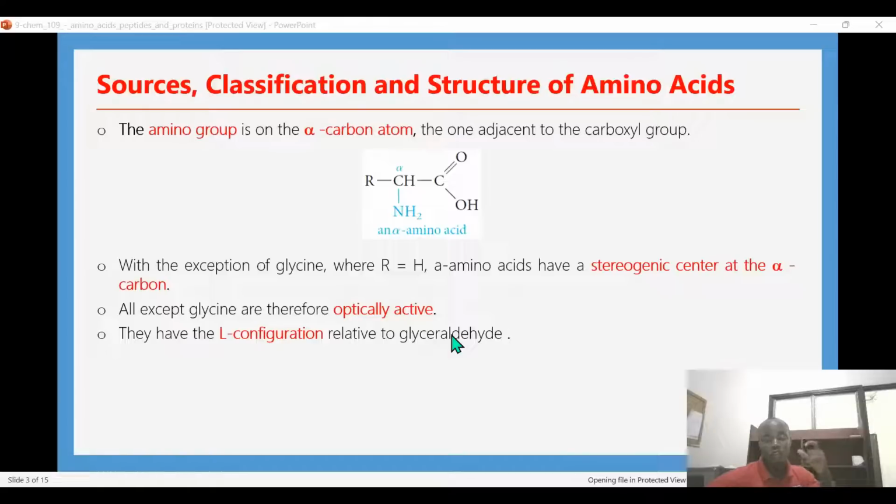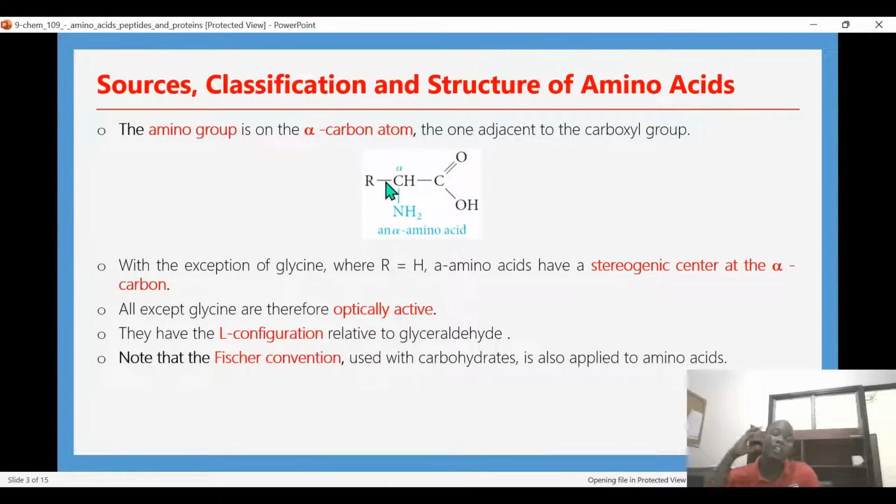So it's the L isomer that is found in humans, but some microorganisms have the D isomer of the amino acid. Most of our amino acids, especially in humans, are the L isomer of the protein. So this is very, very important.